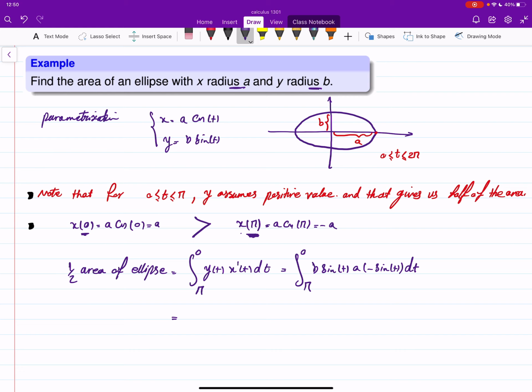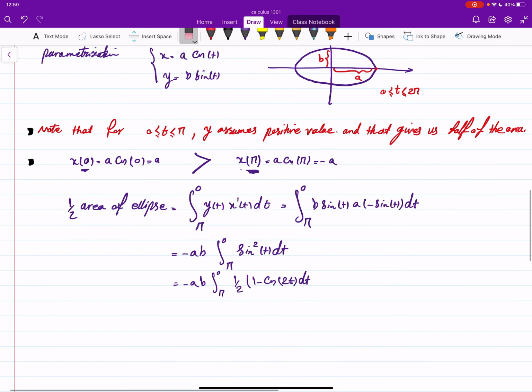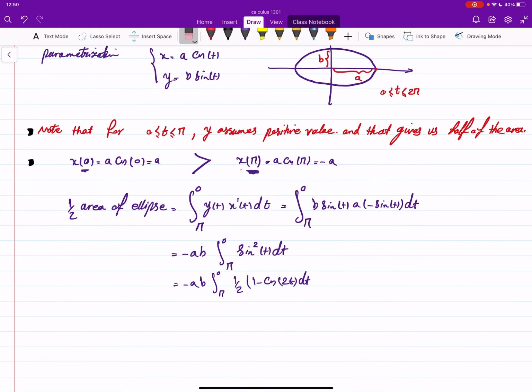And that gives us minus ab. These are constants. From pi to 0 of sine squared t dt. I have a trigonometric integral, so what I do here is use the half angle formula, half of 1 minus cosine 2t dt, and then I can go ahead.